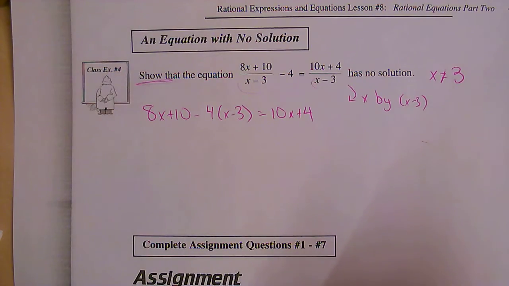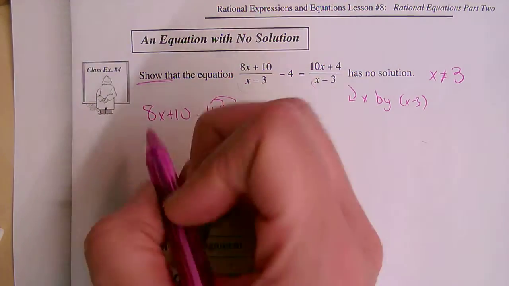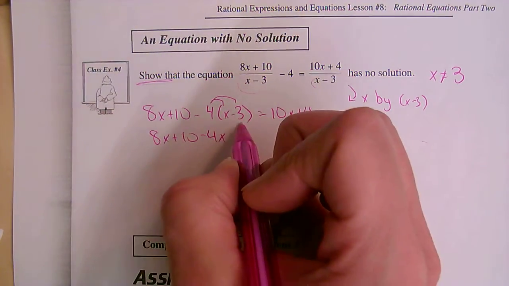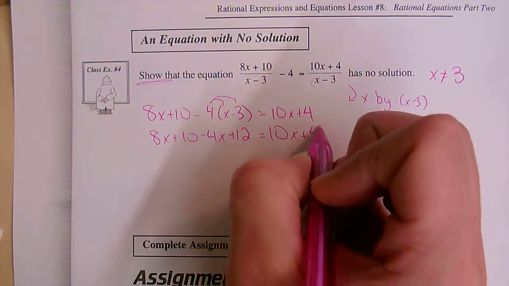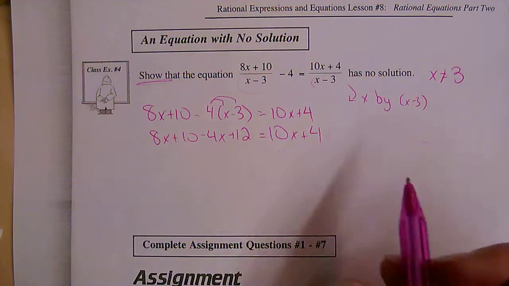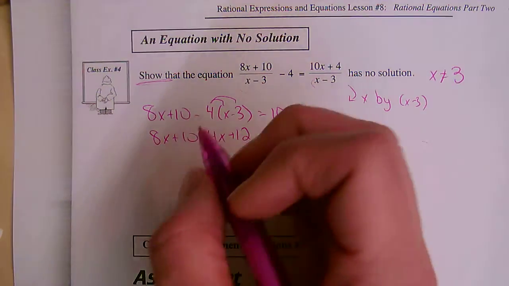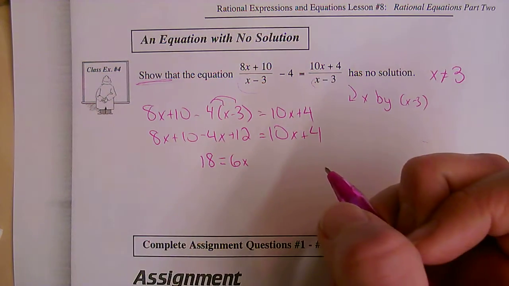Okay, and then you just have to multiply out, or distribute rather. So that's going to be 8x plus 10 minus 4x, and then negative 4 times negative 3 is positive 12. And then I just need to gather all my like terms. So once I gather all my like terms, okay, I get 18 is equal to 6x.